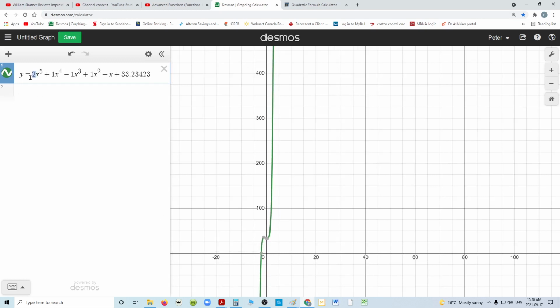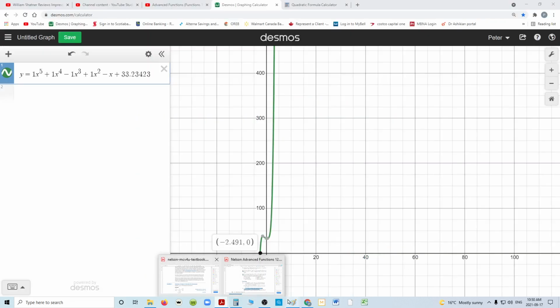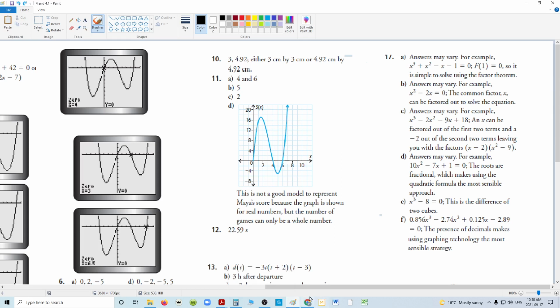It's kind of hit and miss what will happen, but essentially these numbers are never going to create a nice even number that creates a 0 here. And because it's to the power of 5, it must cross the x-axis at least once. I don't quite know what they're getting at there. Some of these questions are always kind of pointless. Answers may vary.